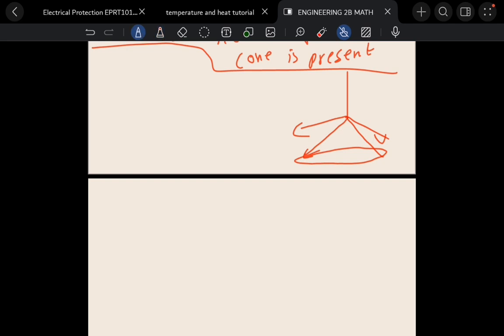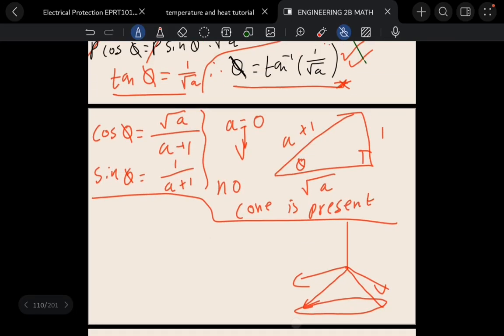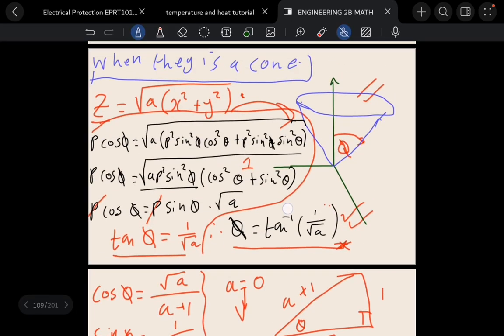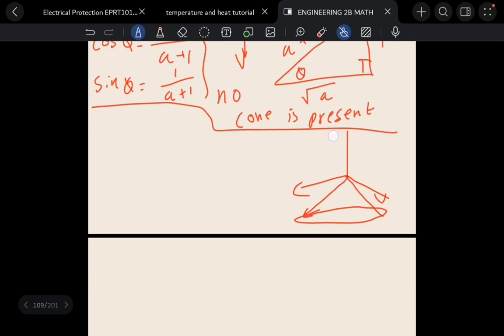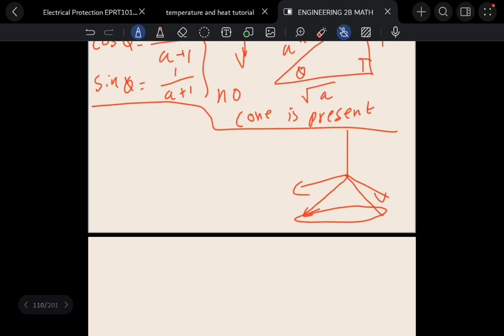How can you measure your value of phi? What if your cone is upside down? How can you measure your value of phi? Now, your maximum value of phi is going to be pi. But the only thing that is going to change now is this minimum value here, which means what will be that phi? You know that this one is pi over 2, yes? You know that is pi over 2.